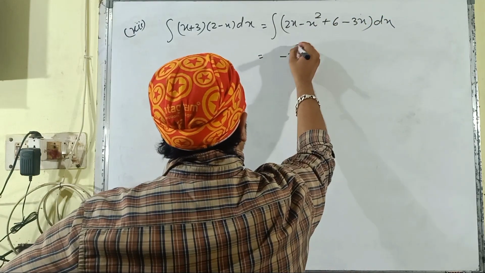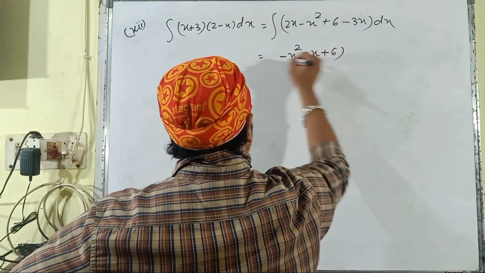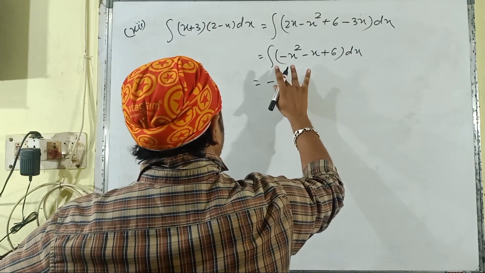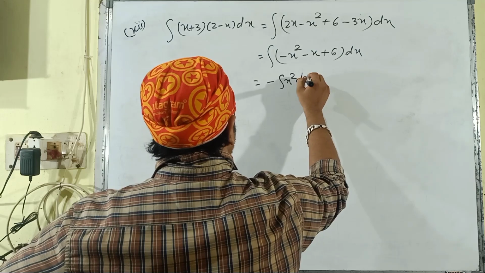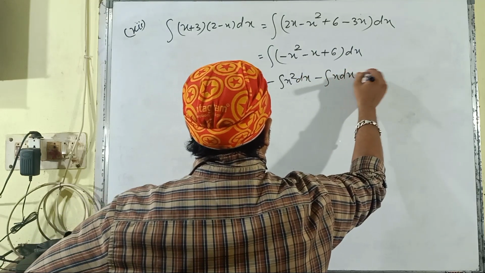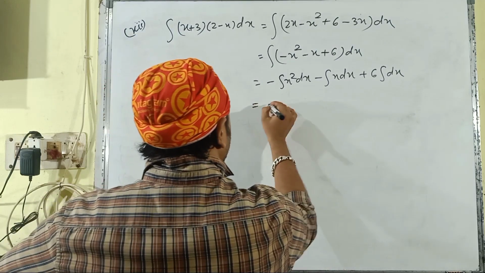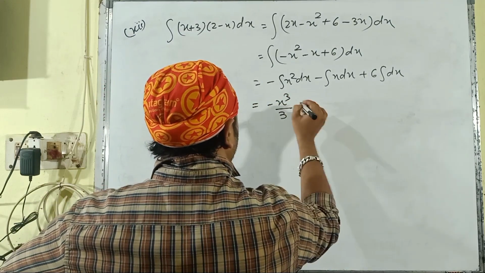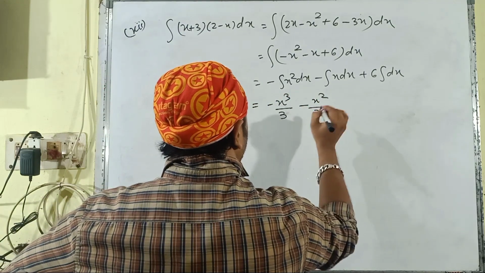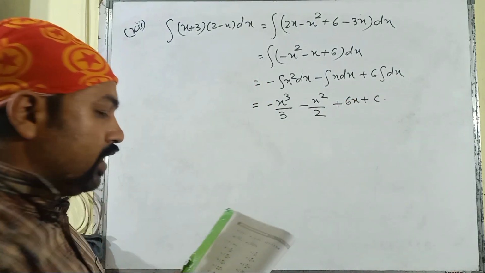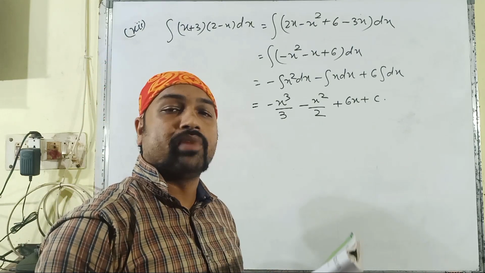Then it is the integral of minus x square minus x plus 6 dx. Then it is minus integral of x square dx minus integral of x dx plus 6 integral of dx. Then it is minus x cube divided by 3 minus x square divided by 2 plus 6x plus any constant c. And here it is the 12th part of number 1.